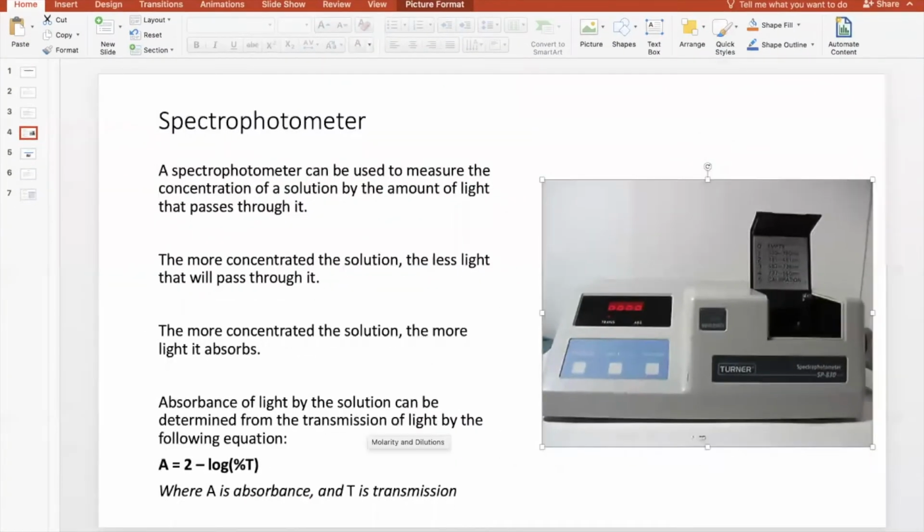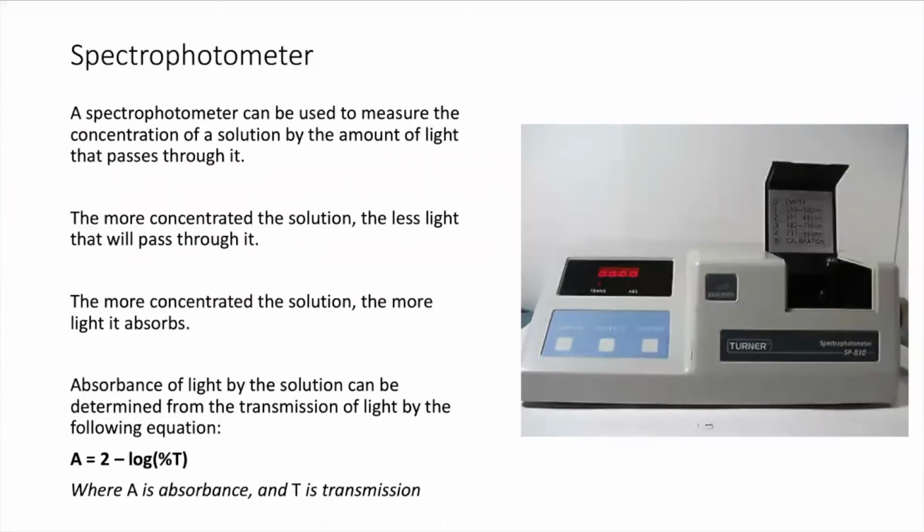A spectrophotometer is simply an instrument used to collect the percent transmittance or percent absorbance of a solution. You read this slide, see how it's used to collect the percent absorbance by placing the sample in what we call the cuvette. It's transparent.